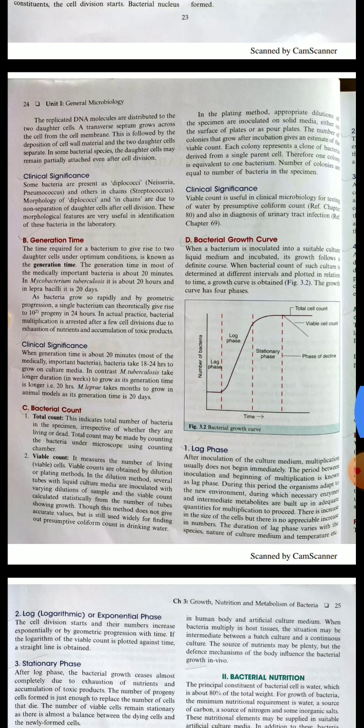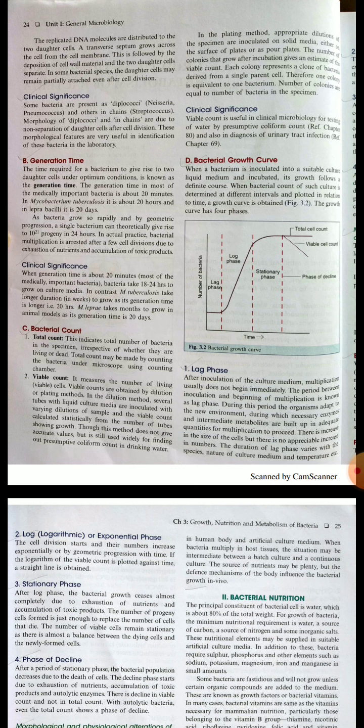Talking about the clinical significance, viable count is useful in clinical microbiology for testing of water by presumptive coliform count and also in the diagnosis of urinary tract infection. Next we have bacterial growth curve.